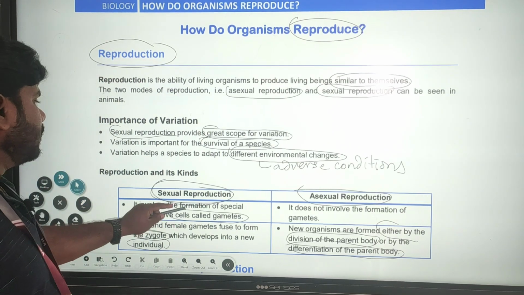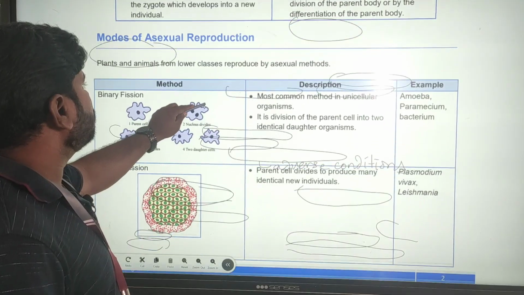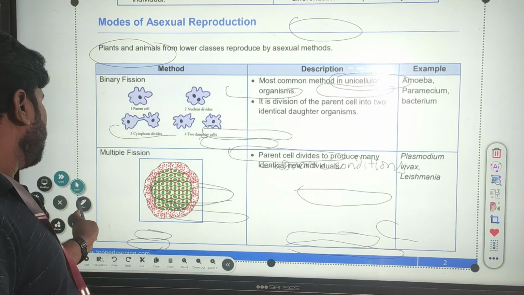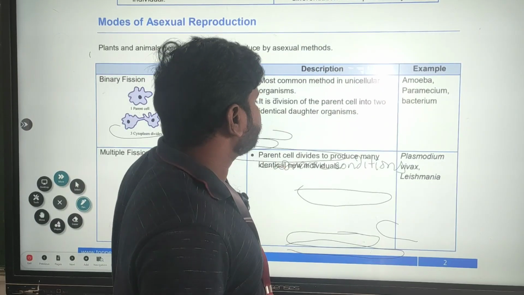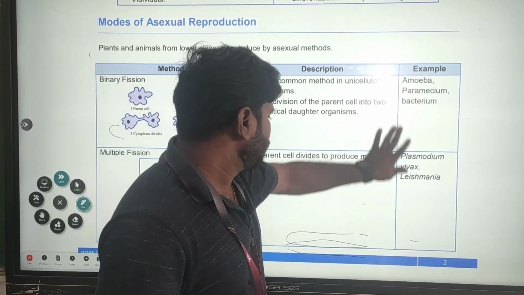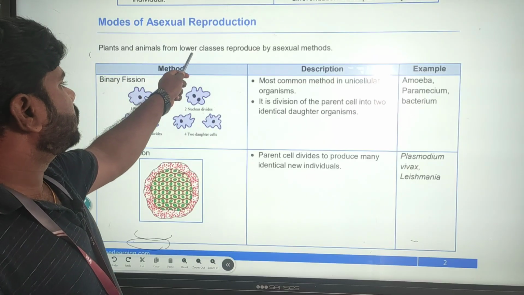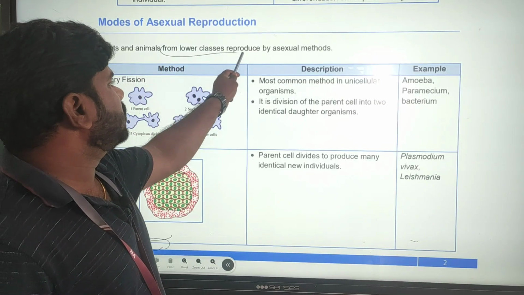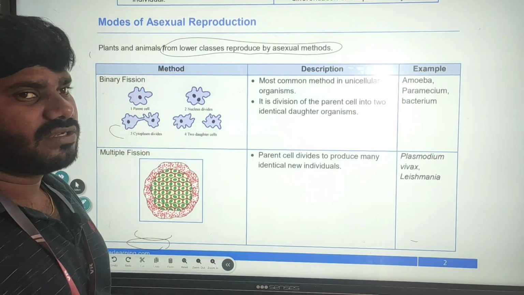Next we will see the modes of asexual reproduction. What are the modes of asexual reproduction? Plants and animals from lower classes reproduce by asexual reproduction.